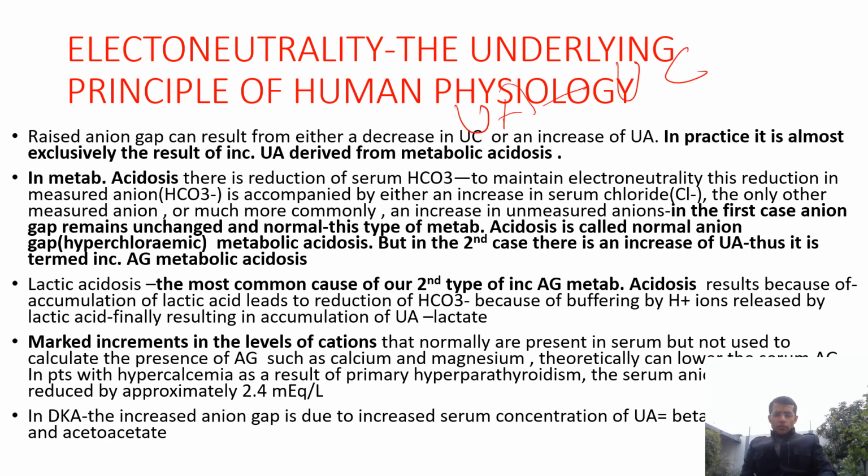So whenever anions go up, the anion gap will go up. Whenever cations go up, the anion gap will go down. So disorders in the body which result in increase of unmeasured anions will increase the anion gap. This is very common. But when unmeasured cations increase, like for example in some disorders with hypercalcemia, theoretically in those disorders anion gap will go down.